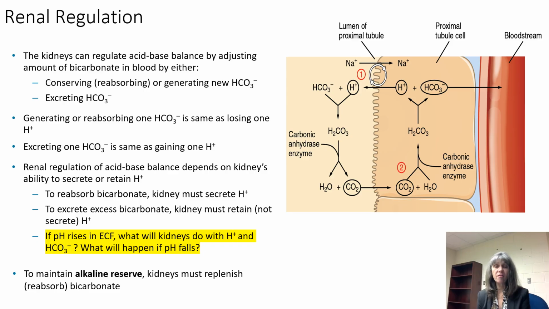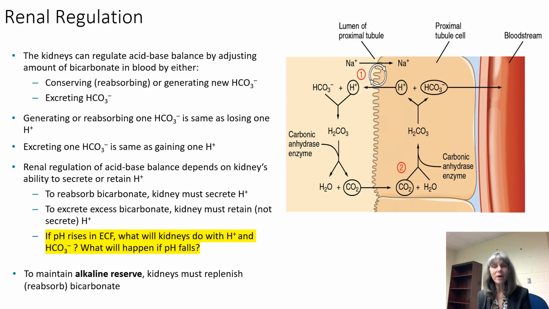Excreting one molecule of bicarbonate would be equivalent to gaining one free hydrogen ion in terms of how pH is measured. So renal regulation of acid-base balance depends on the kidney's ability to secrete or retain free hydrogen ions.